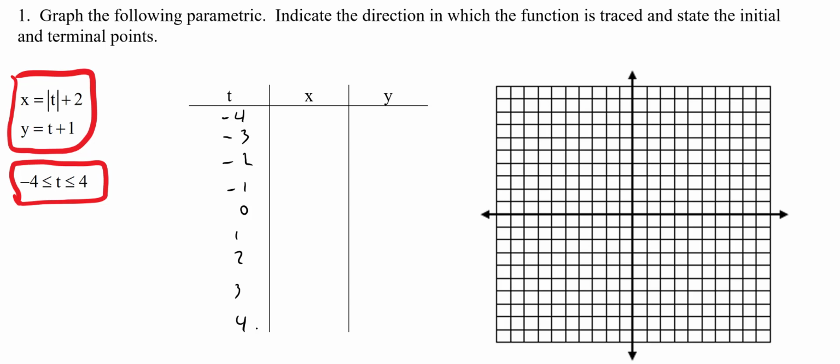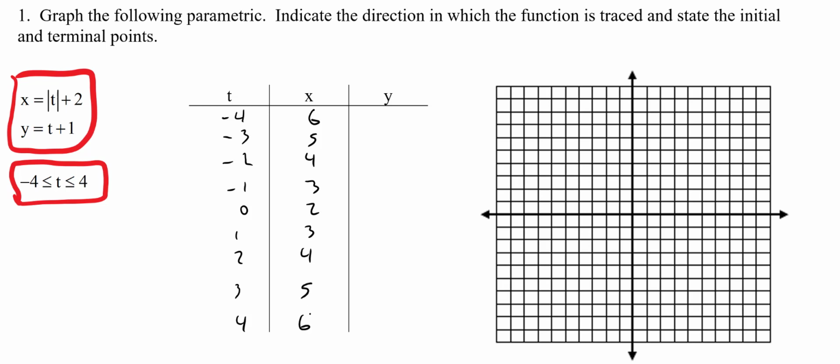Not to make this video long, but you plug in. The absolute value of -4 is 4, and 4 plus 2 is 6. The absolute value of -3 is 3. So I'm just going to fill these in here. It's 6, 5, 4, 3, 2. And then it comes up again because the absolute value of 1 is still 1, so it goes 3, 4, 5, and 6.